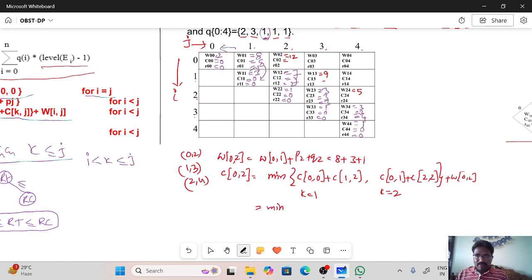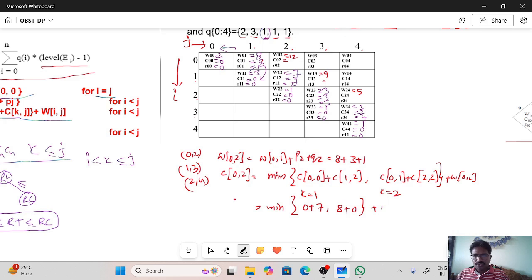What are we getting? The minimum of C00, 0, plus C12, 7, comma, what is the cost of 01? 8. Good. Plus what is the cost of 22? My dear, from this table you will find, 8 and C22 is 0. Plus what is the W of 02?